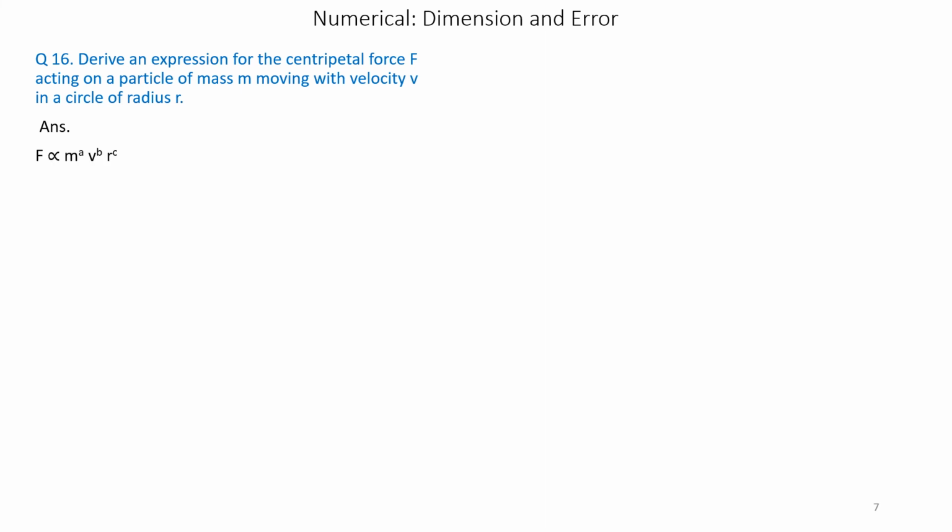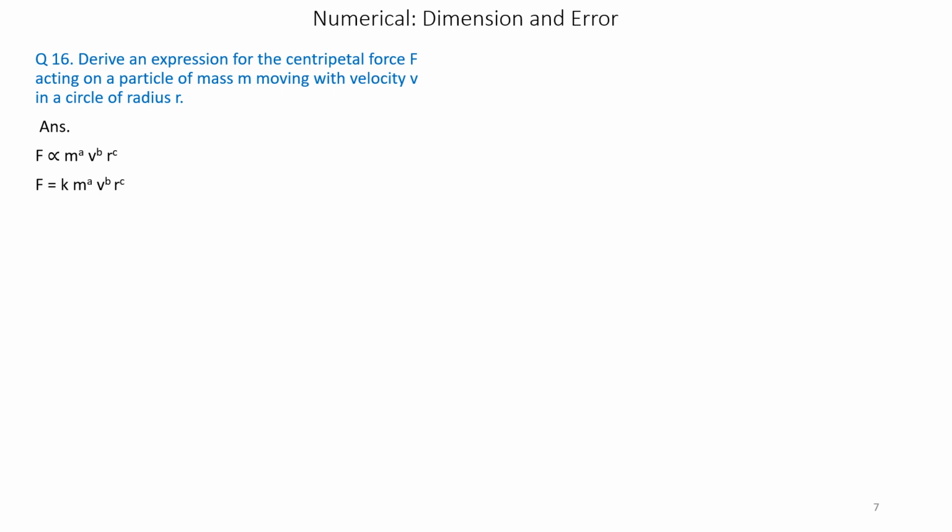Centripetal force is proportional to mass, velocity and radius of the circle, and it is given by the relationship F is proportional to m^a v^b r^c. We are required to find the values of a, b and c.